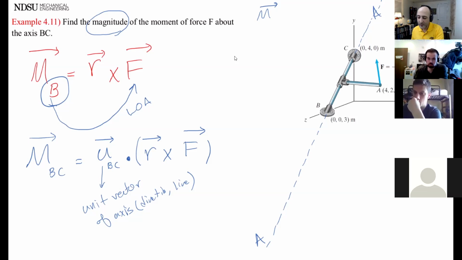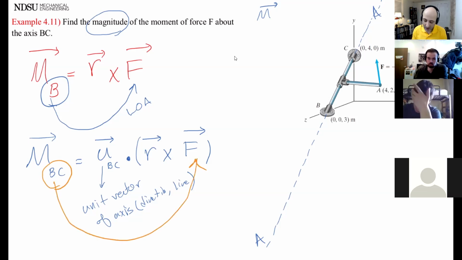Anywhere on the axis of BC? Okay, so again, this also is from axis BC to the line of action of F. And I love how you said anywhere. To anywhere on the line of action of F. So here are some examples. Anywhere on the axis, I like to take it from here.